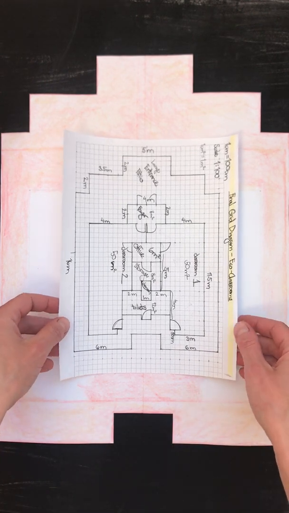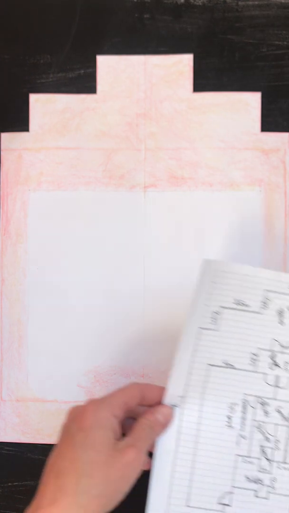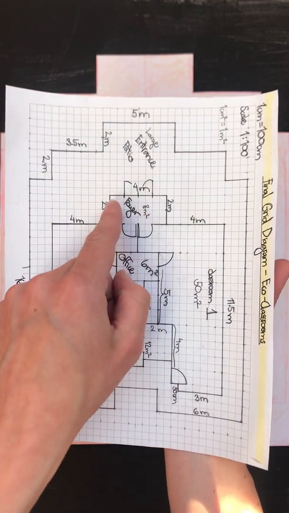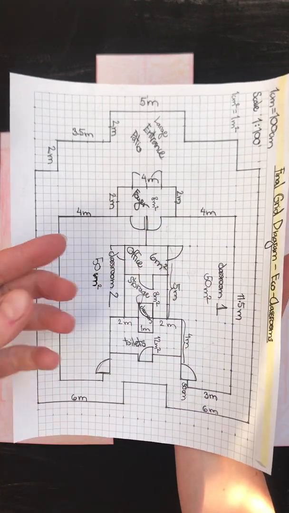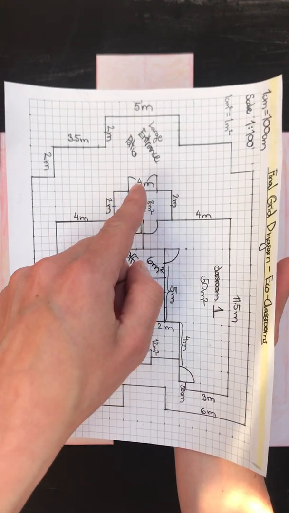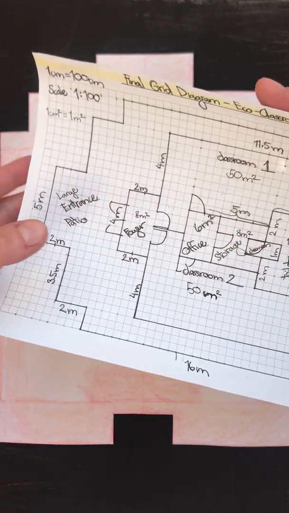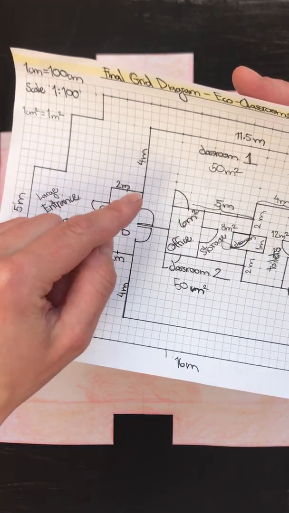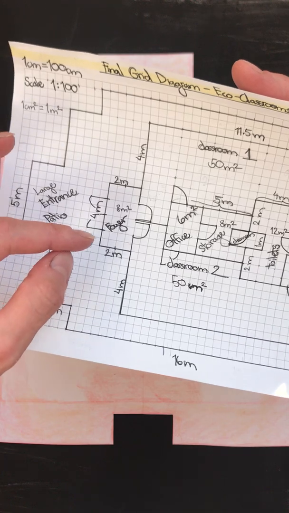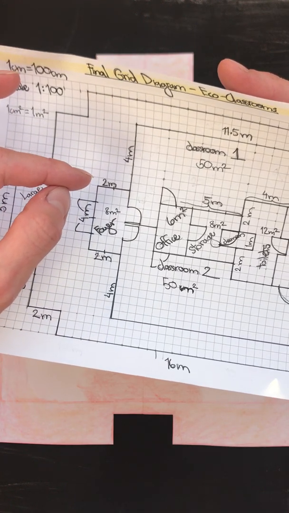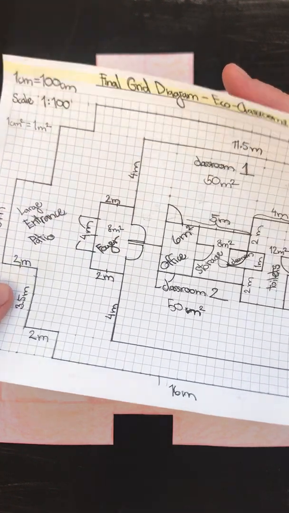Yeah, and to scale up, you need to do the following. For example, on my diagram, my foyer and all of ours should be a room of 8 meters squared. In my diagram, my room is quite simple. It is 4 meters by 2 meters.